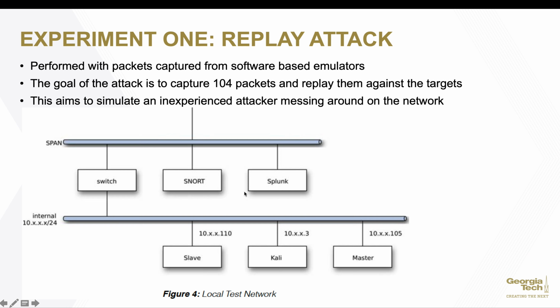So you can see here, figure 4 details the test network, which consists of a master and slave 104 device, Snort IDS, Splunk log analyzer, and a Kali Linux attack platform. QTester104 is used to emulate the master 104 device.